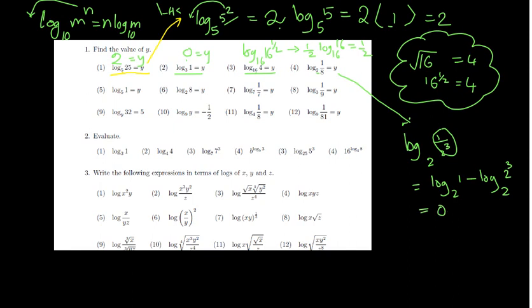Fifth one, straight answer. Fifth one, you know it. Yeah, correct. Good. Y is 0.